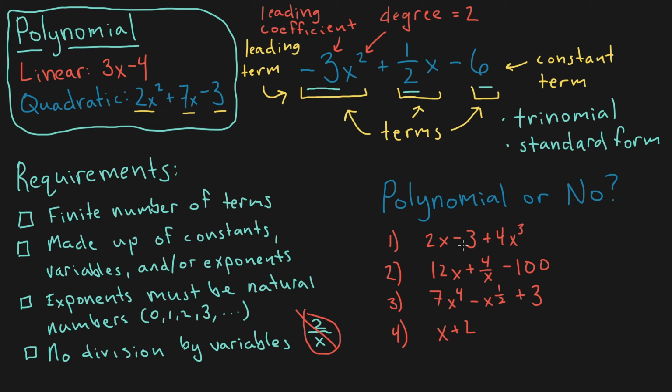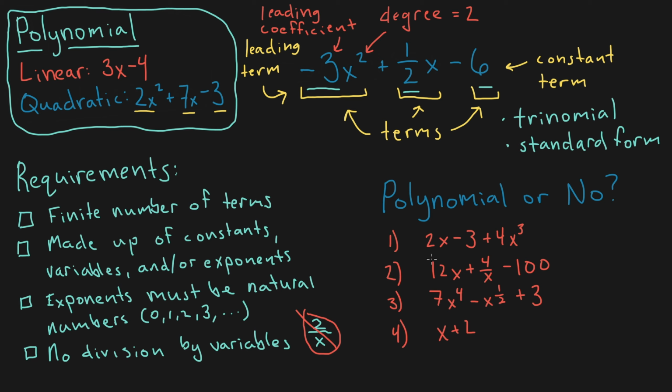So 2x subtract 3 plus 4x cubed. Do we have a finite number of terms? Yes, there are 3. Is it made up of constants, variables, and or exponents? Yes, we have a constant term, variables and exponents, nothing else. So it meets the second condition. Are the exponents natural numbers?